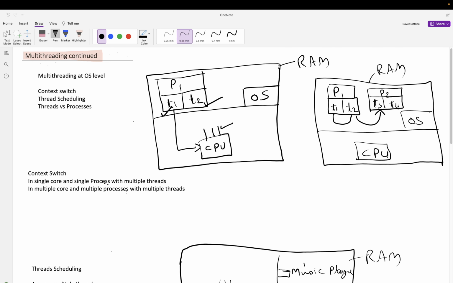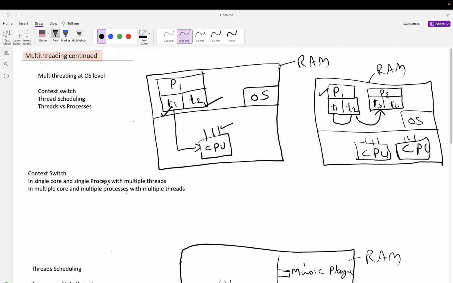If we have multiple cores, as in this machine, the operating system automatically schedules all these threads on the CPUs. If the switch is between threads belonging to a single process, then the status of the threads is stored and restored.